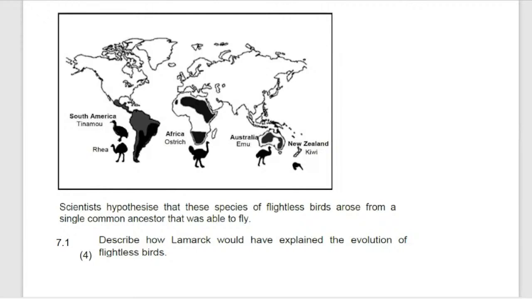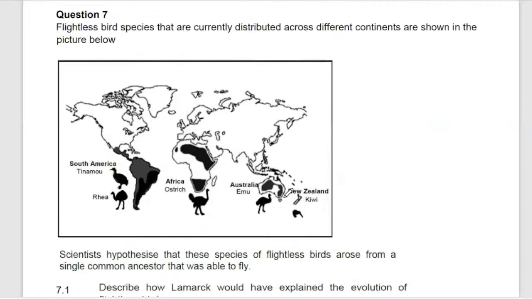We are saying that scientists hypothesize that these species of flighted birds arose from a common ancestor. Guys, when they bring a question of evolution, make sure that you relate to the question they have asked you. Don't just write. You find out that someone is using giraffes here.